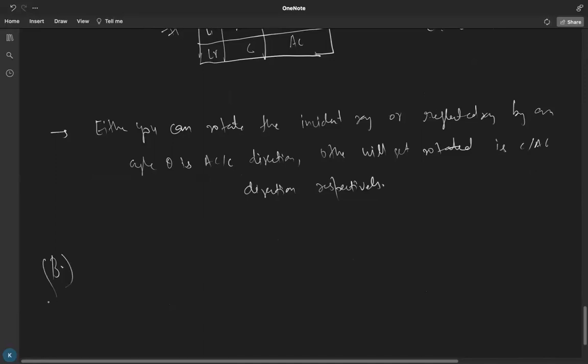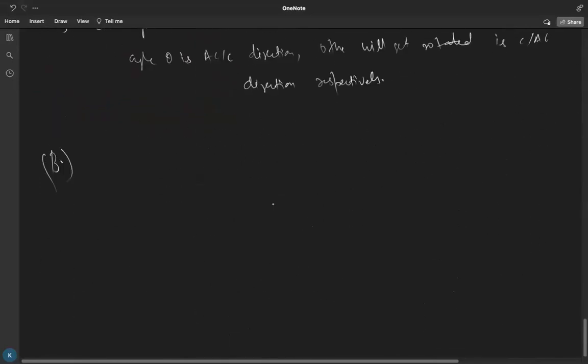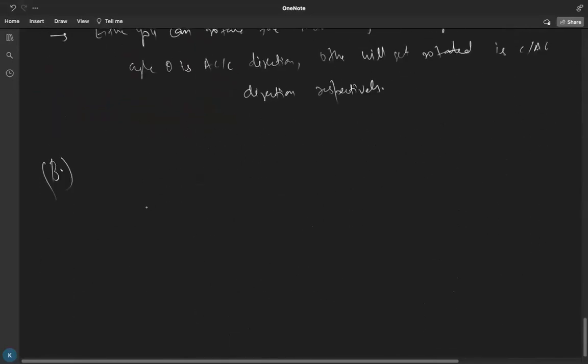Now let's take case B. What if I rotate the mirror, this time, not the incident ray, right? This is our mirror, this is our normal, this is our incident ray, and this is our reflected ray.